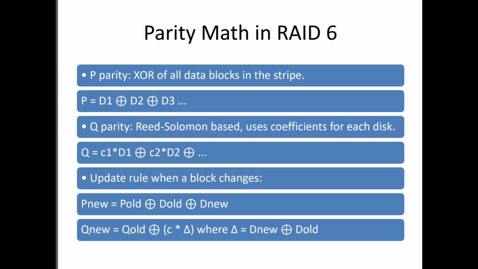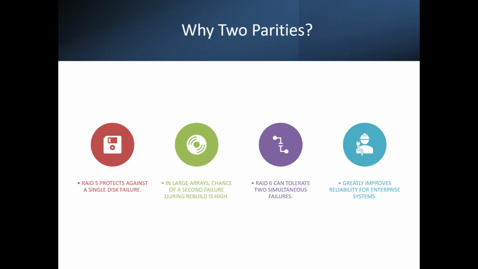This constant multiplier will be different for all the disks, which ensures that Q is linearly independent from P, which gives us two linearly independent equations so that we can calculate two variables. So if we lose two disks and two data blocks, those two data blocks can be recomputed using those two equations. P handles single parity while Q brings in the magic to handle the second loss.